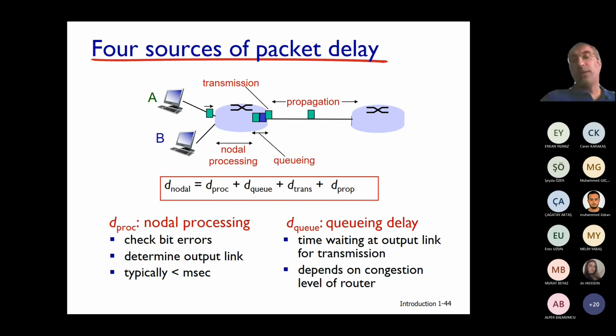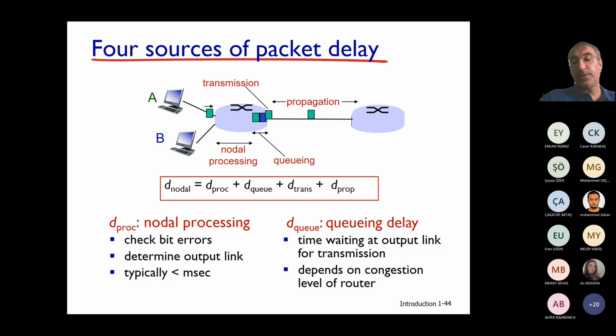So when you apply these algorithms, it takes some time, which introduces some delay. We call it nodal processing delay. It determines the output link, which output link it is going to send to. And this processing delay is typically less than a millisecond. The queue delay we talked about already, it depends on the congestion level of the router.